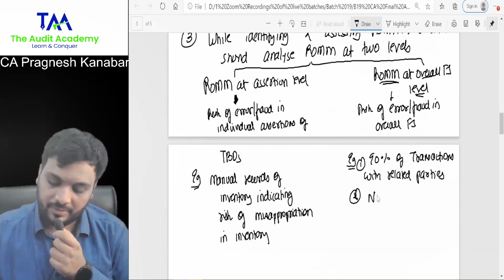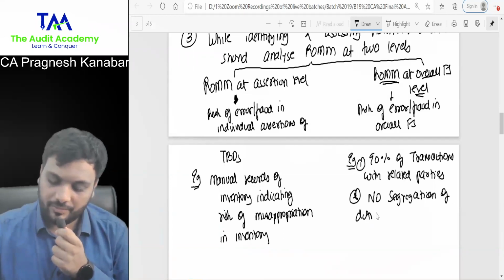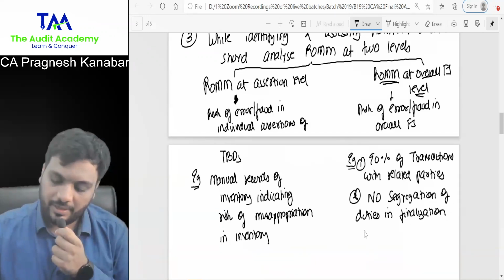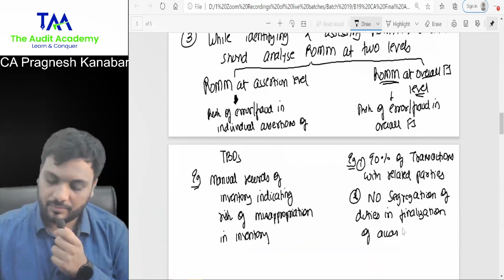Second example, there is no segregation of duties in finalization of accounts.